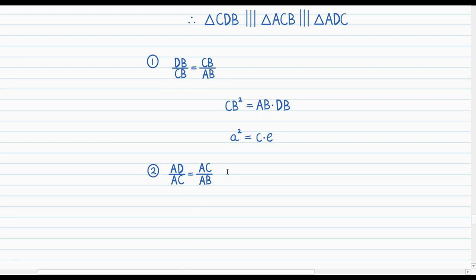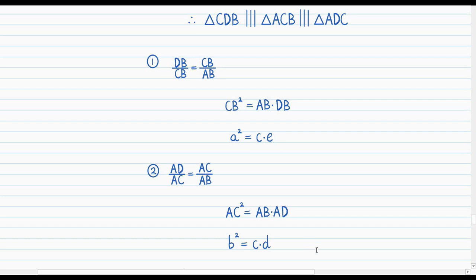Cross multiplying this time gives AC squared equals AB times AD. Then substituting with the letters representing the sides gives b squared equals c times d. So we can say this equation is equation 1 and this equation is equation 2.